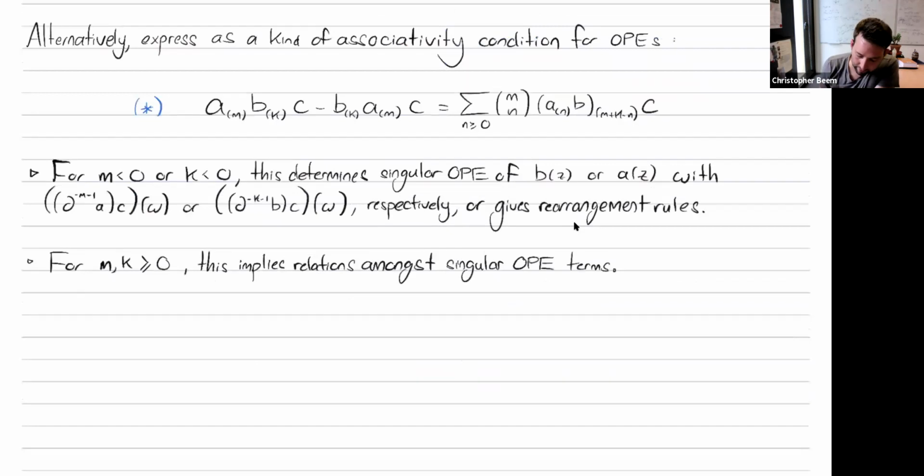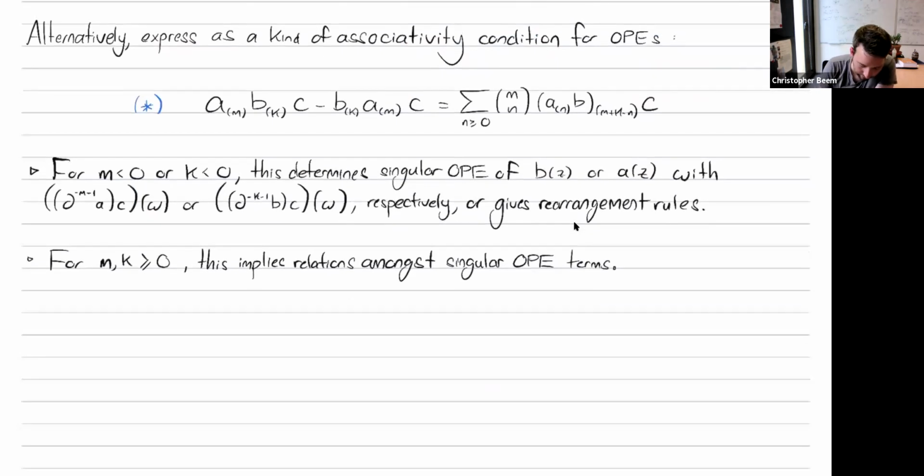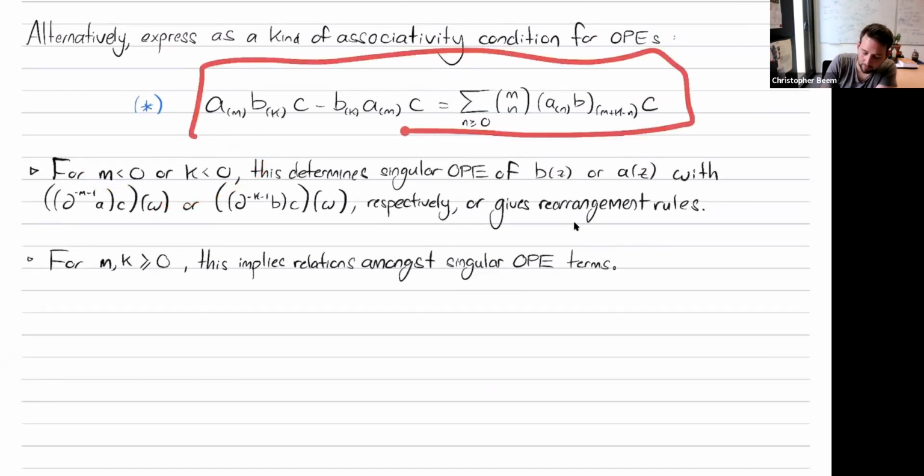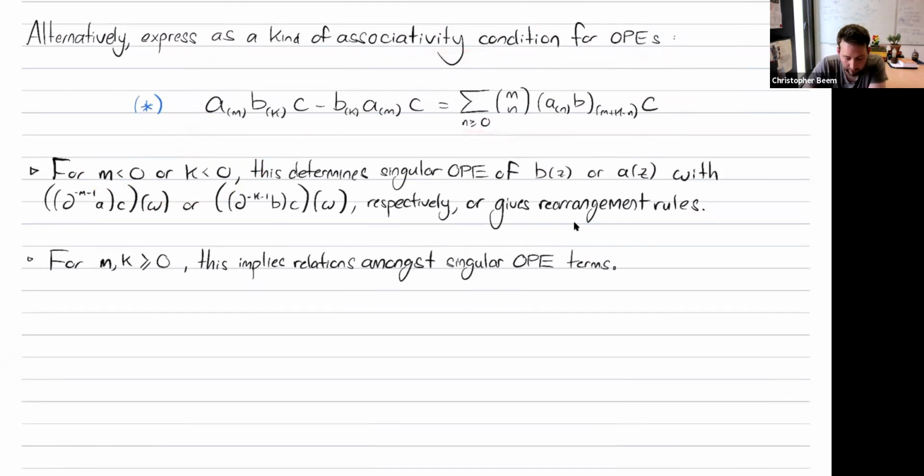Now, if you stare at this for a while, and I don't encourage you to do it right now because I'll go too fast, you would realize that in the case where either M or K are negative, this condition is telling you how to take the OPE of A or B with some normally ordered product of A with C or B with C, maybe with some derivatives sprinkled in.